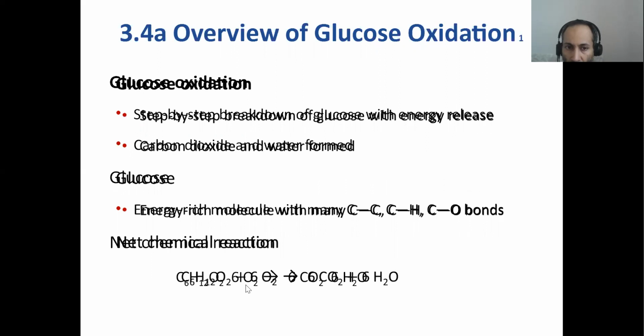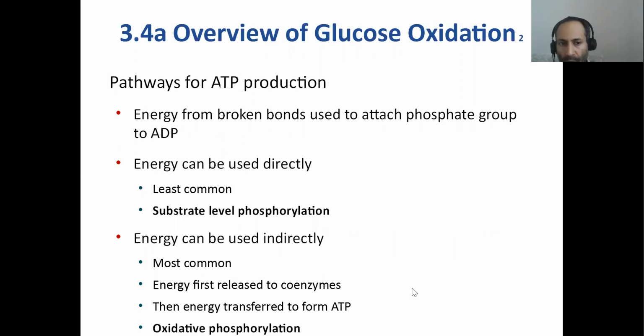C6H12O6, that's glucose, plus 6O2, which is oxygen inside of your mitochondria, gives you carbon dioxide and water, which are waste products that you breathe out, plus 34 to 38 ATPs per molecule of glucose. That's what cellular respiration is all about, okay?